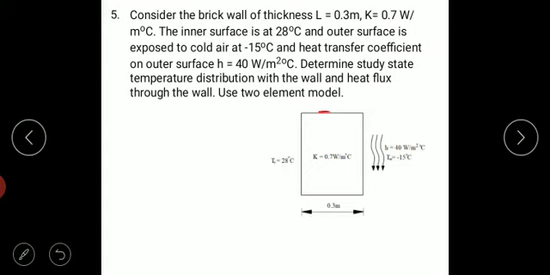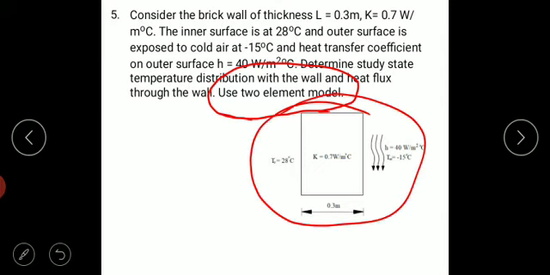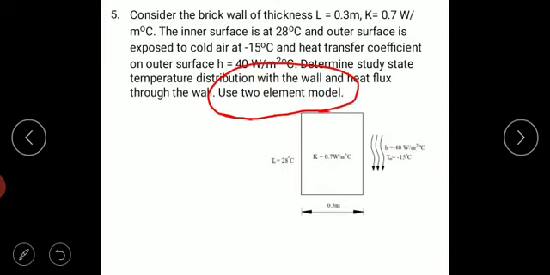Use a two element model. So in the given data, it says that you have to divide the given problem into two parts, because our given problem is a single component, only one layer. So it is saying to consider it as two parts. So the thickness becomes 0.15 and 0.15.